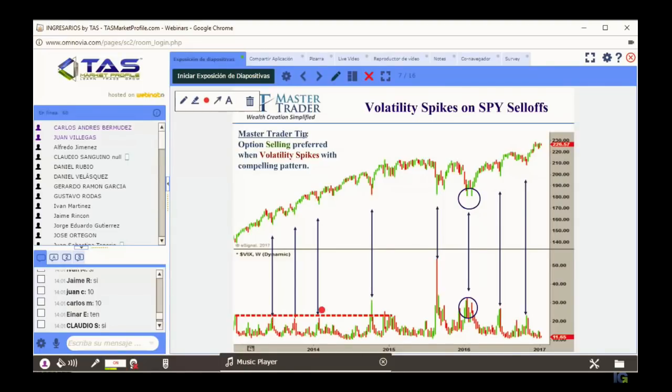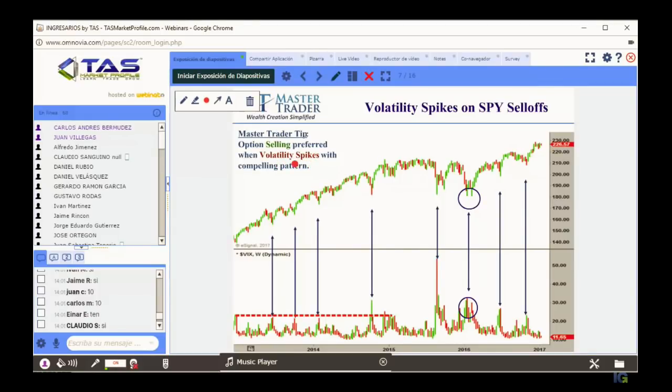As option traders, we love this situation because when volatility rises, option premiums also rise, which creates a bigger paycheck for us when we sell options.